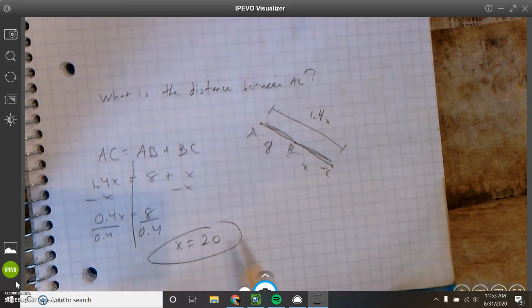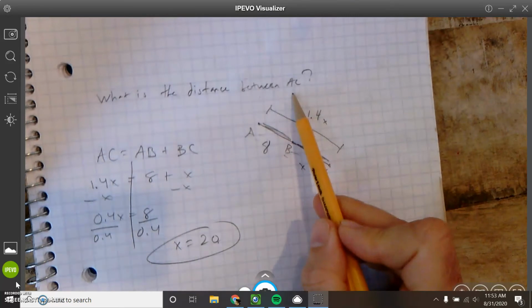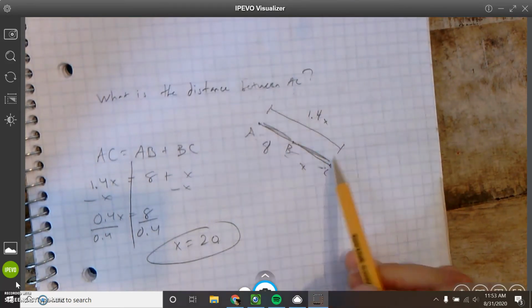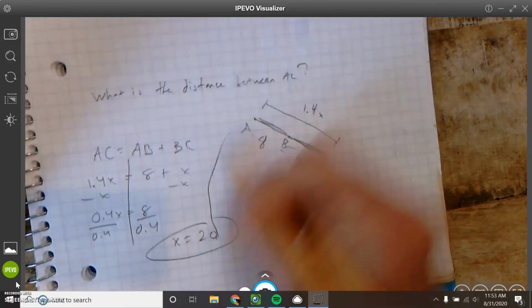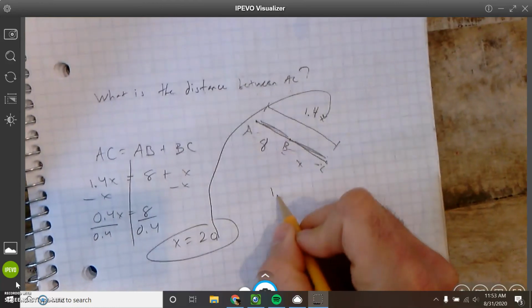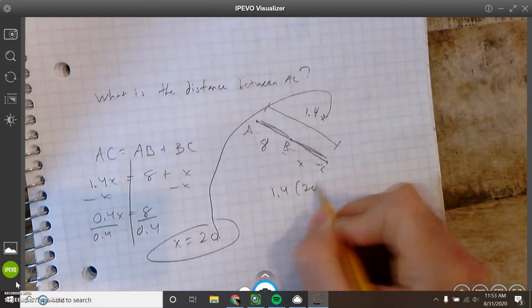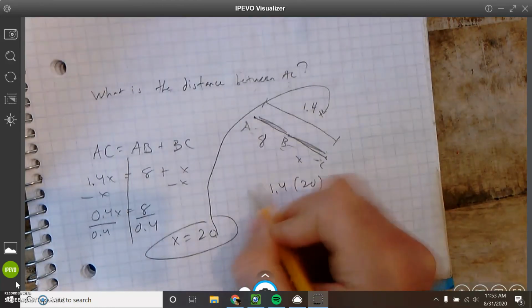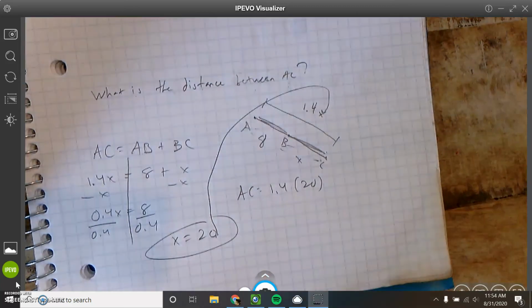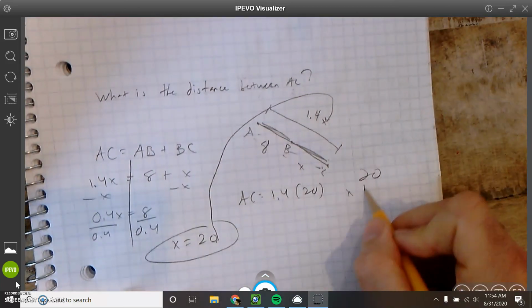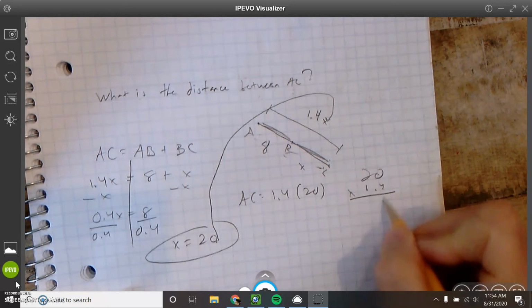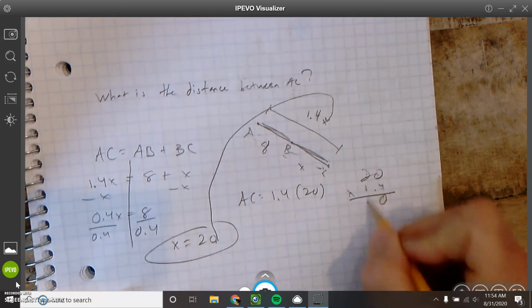So if x is 20, what's AC? All right. So I need to do what? Yeah, plug it in. So 1.4 times 20 is going to get me what AC is. So 20 times 1.4: 4 times 0 is 0, 4 times 2 is 8.